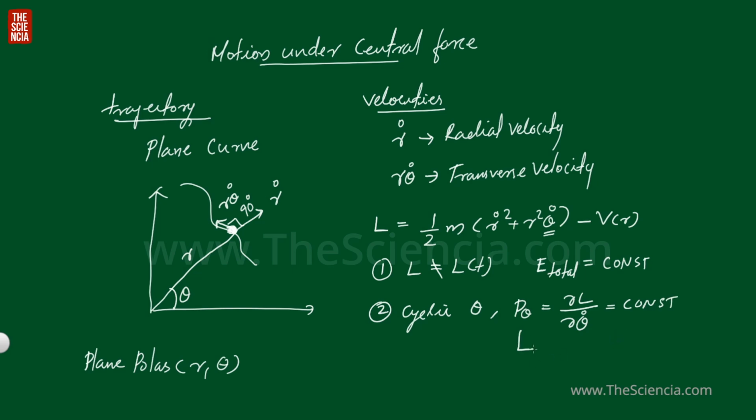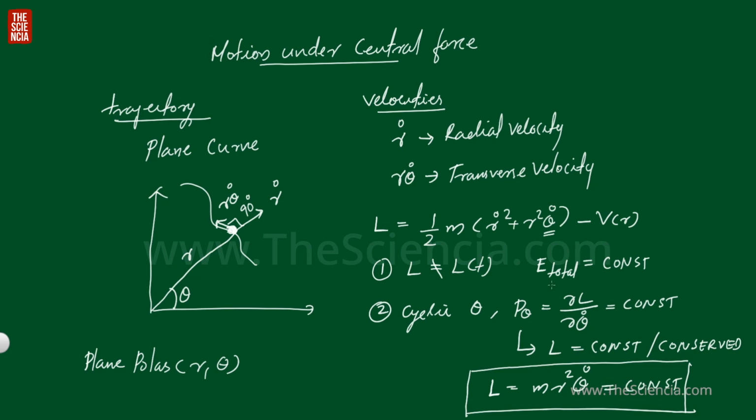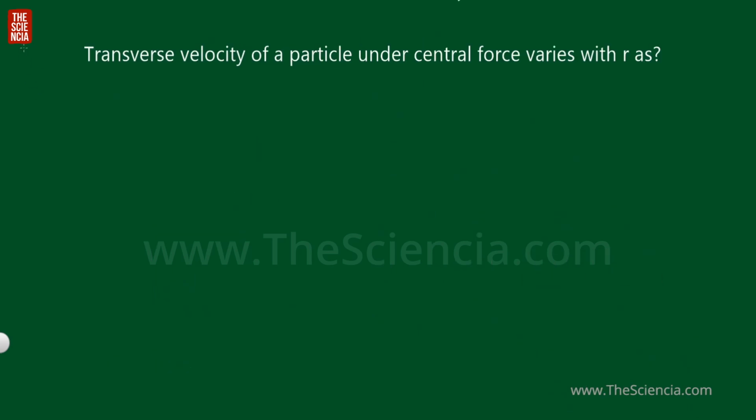And what is this p_θ? p_θ is nothing but angular momentum L, that is, angular momentum L is constant, or it is a conserved quantity, that is, L equal to m r² θ̇ is a constant, right? So there are two important points. One is total energy is a constant, and the other is L equal to m r² θ̇ is a constant.